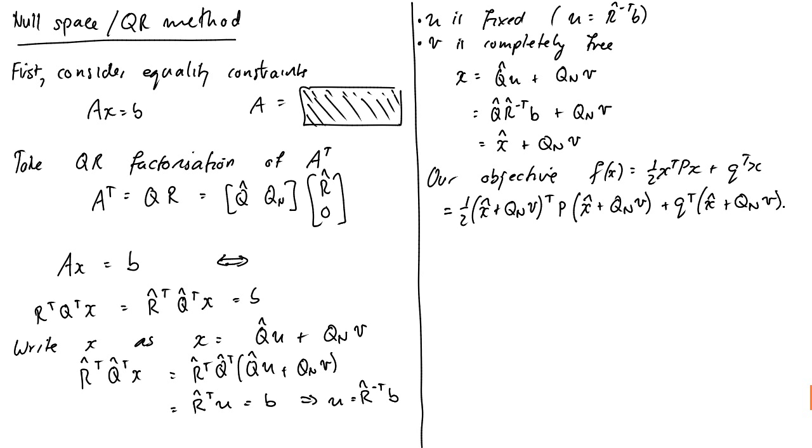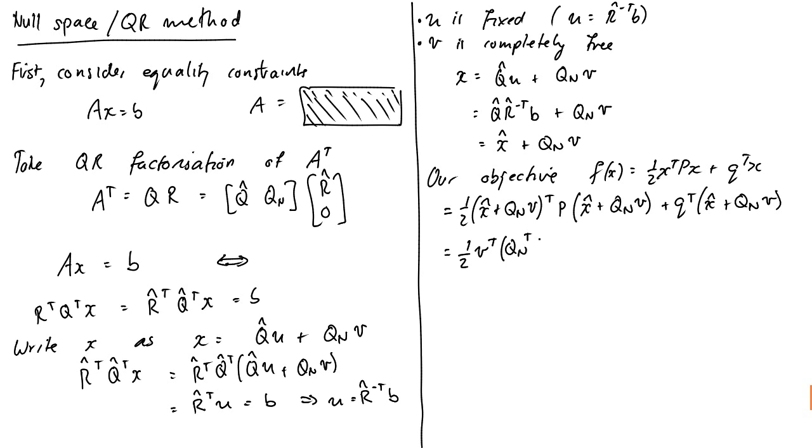And we want to rearrange this into a quadratic form in our v, because v is the thing that we're free to vary here. Everything else is a constant. So we want to just basically expand this all out and then refactorize it into a quadratic form in v. So that equals 1/2 v transpose Qn transpose P Qn v. You can check this working for yourself.